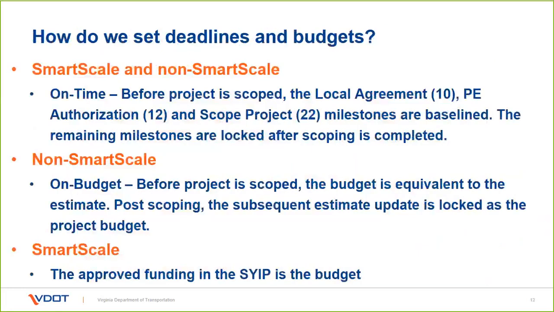So how do we set deadlines and budgets? This is how we set the initial ones. For SMART SCALE and non-SMART SCALE, for on time, we're setting the activities for local agreement, authorization, and scoping when the project is set up initially.